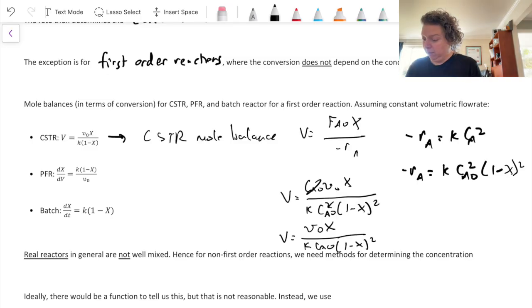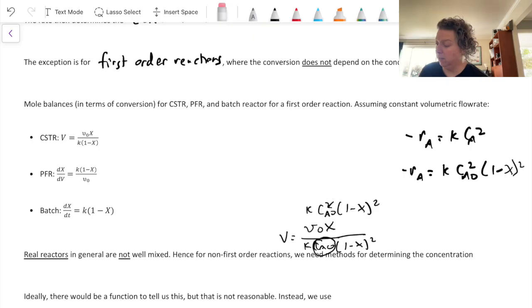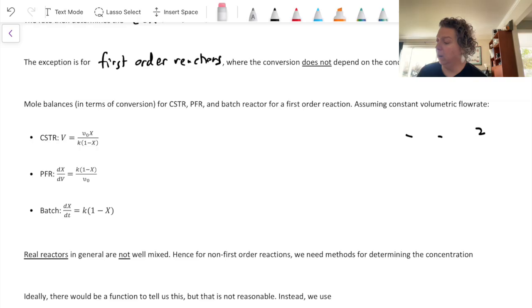So the second order rate law depends then on the initial concentration. First order reactions do not depend on the initial concentration, only the amount that's been reacted away, and that's the conversion. All other reaction orders depend on whatever the initial concentration is. Okay, that's a long explanation to get through that.